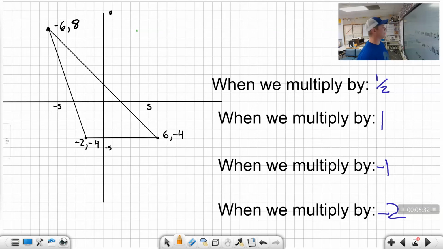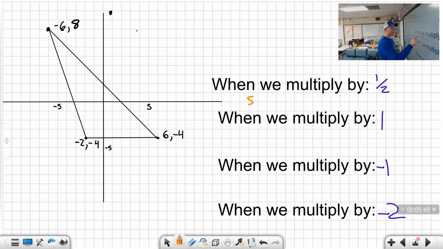Okay? So let's go ahead and dive into this graph. Let's talk about when we multiply by a half. Well, if the side length doubled when we multiplied by 2, what's going to happen to the side length if we multiply by half?